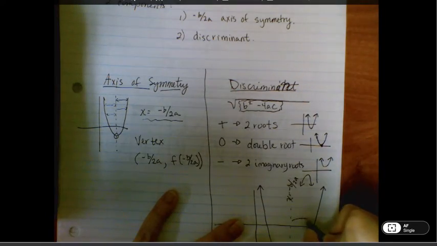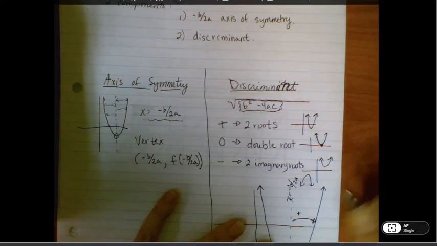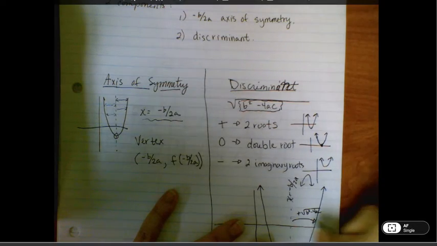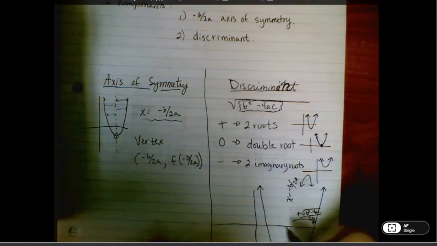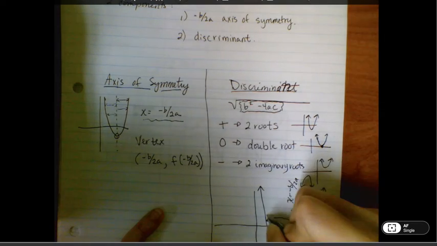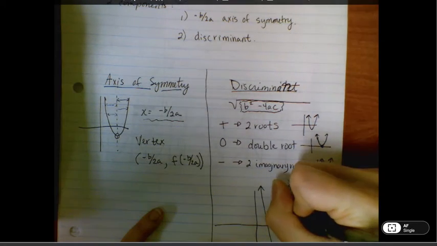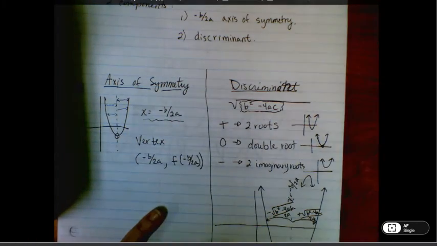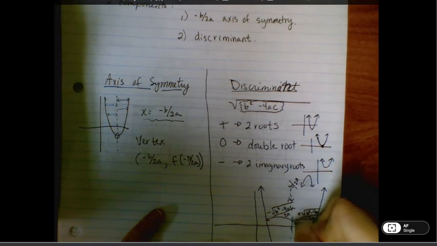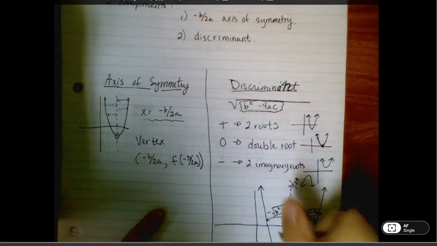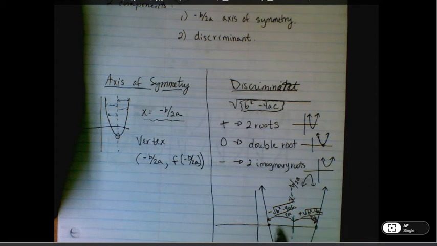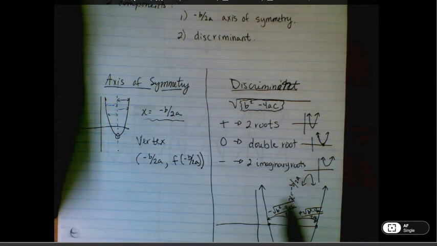So I have an add the root b squared minus 4ac over 2a, and then I have the minus root b squared minus 4ac over 2a. And those values add to the axis of symmetry to give us our root that's above it and our root that's below it. So that can be a nice way to talk about the distance from the axis of symmetry, seen here by adding or subtracting this value.